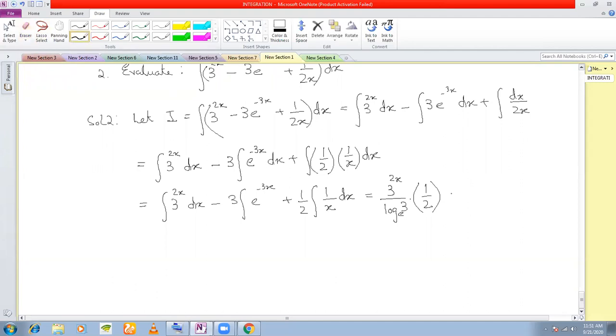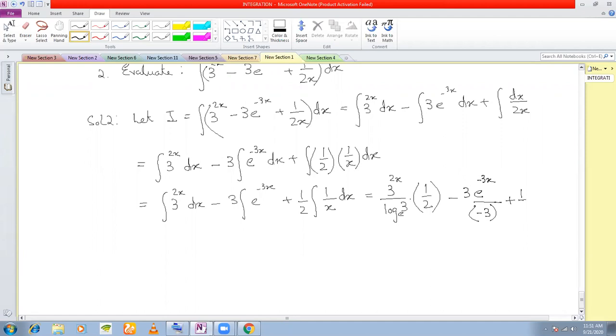And the next integration is minus 3 integral e to the power of minus 3x, which is e to the power of minus 3x divided by the derivative of minus 3x. The derivative of minus 3x is minus 3.